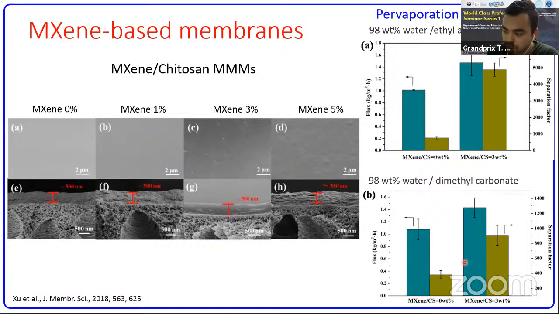The incorporation of MXenes does increase the flux and the separation factor. Why? Because again, MXenes have separation properties thanks to their unique morphology, the nanosheet structure.